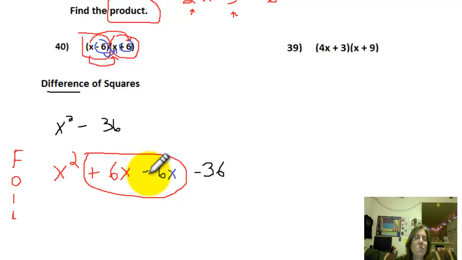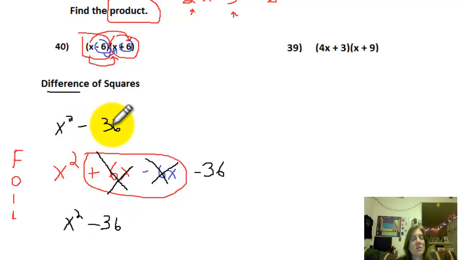And plus 6 minus 6 is 0. So that goes away. We no longer have those terms in the middle, and all we have left is x squared minus 36, and that's what it was, x squared minus 36. So if you know the formula for difference of squares, you can come up with your answer quicker. You just square the x and square the 6, and it's always a minus in between.